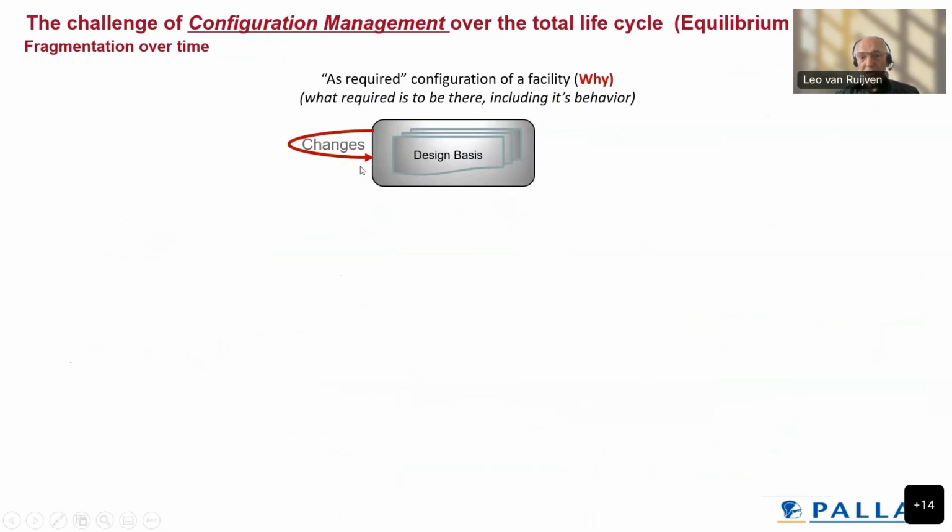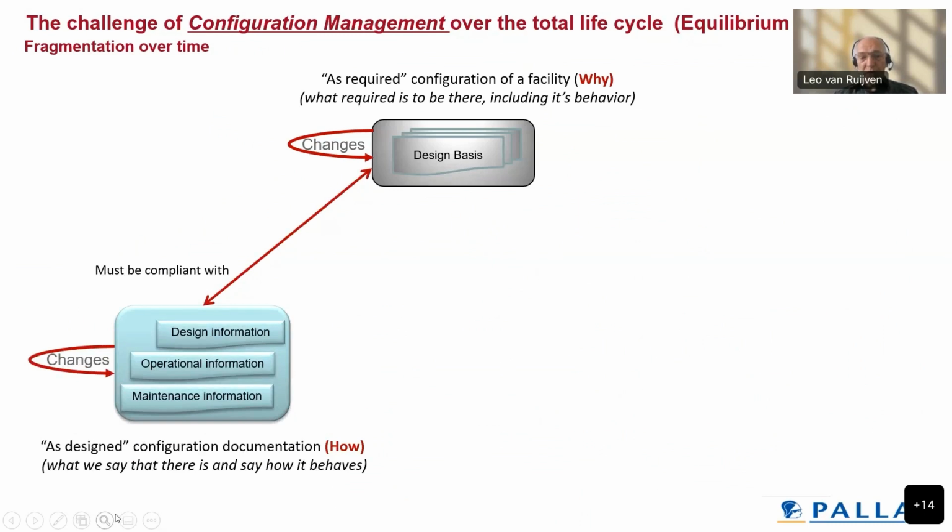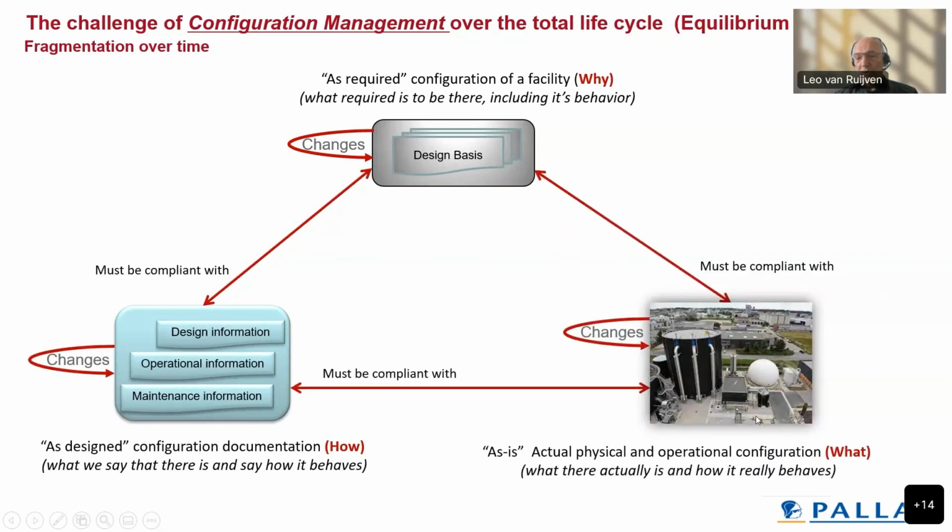A second challenge we have is the fragmentation over time. We see that in such projects we start in a world of, say, as required, stating what is required to be there, including behavior, design basis. The second world is the as designed world, where we do the design and engineering. And the third world is what we are really building, the facility, say we materialize the design.